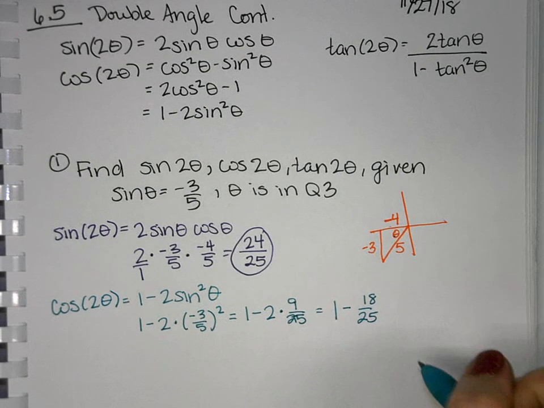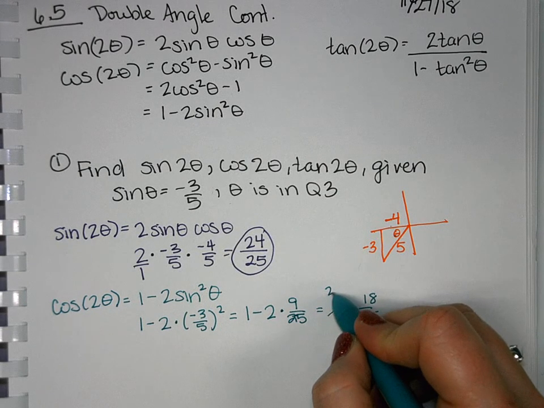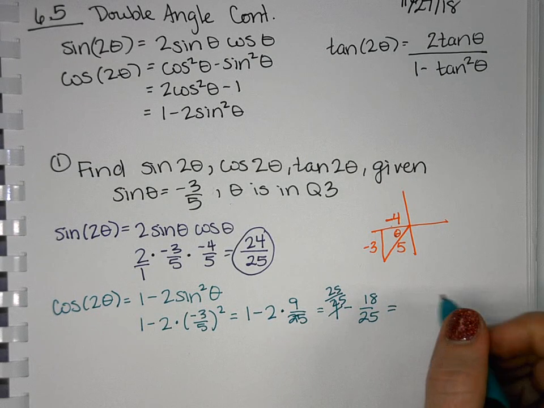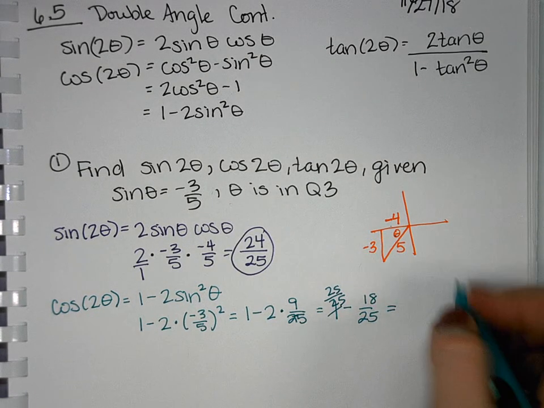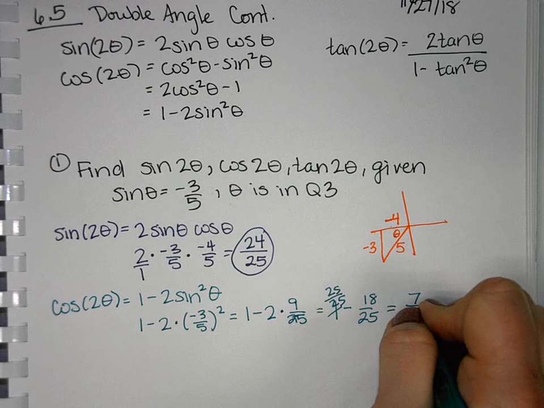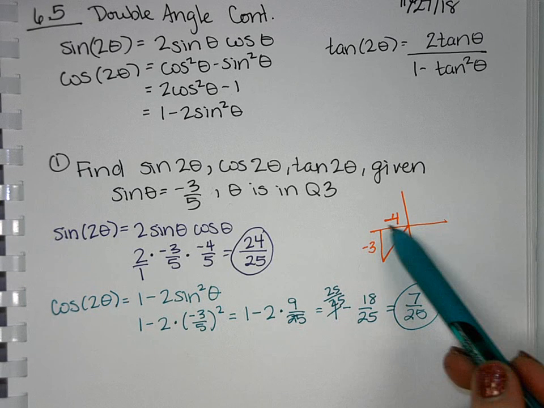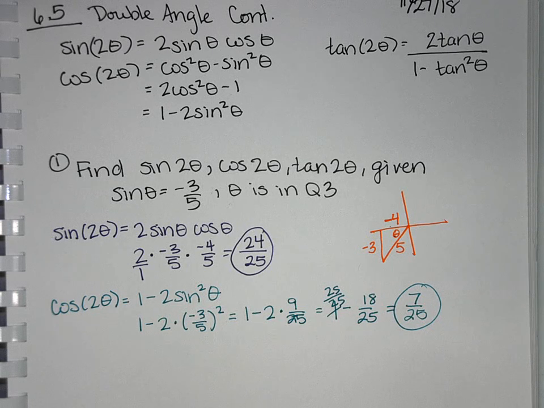Here's where I need a common denominator. So instead of 1, I'm going to write 25/25 so that I can do 25 minus 18 and get 7/25. Again, had we done a different formula, we would have gotten the same result. You just might have had to come over here and get the -4/5 as your cosine to get there.